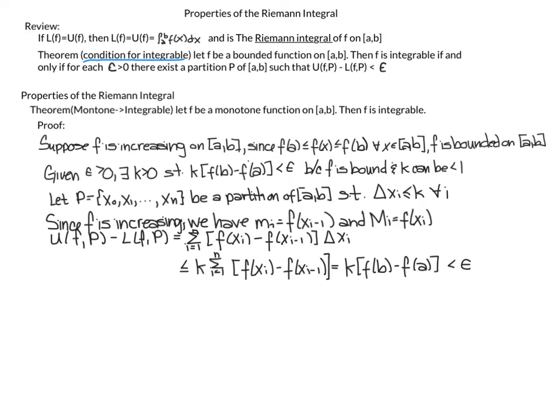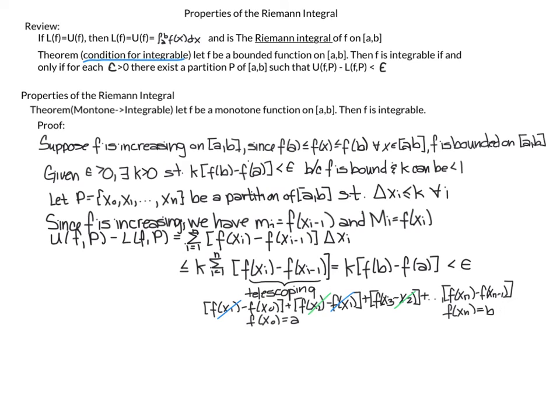And because we chose our delta xi small enough that it is less than k, this sum is less than or equal to k times the sum from 1 to n of f of xi minus f of xi minus 1, which equals k times (f of b minus f of a), which is less than epsilon.